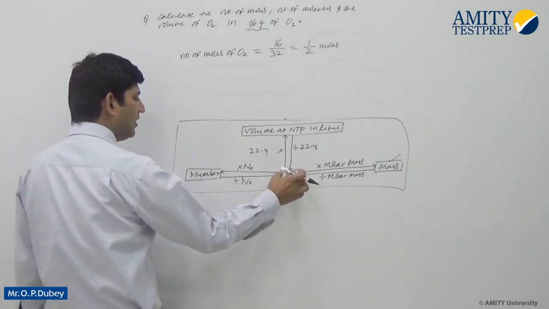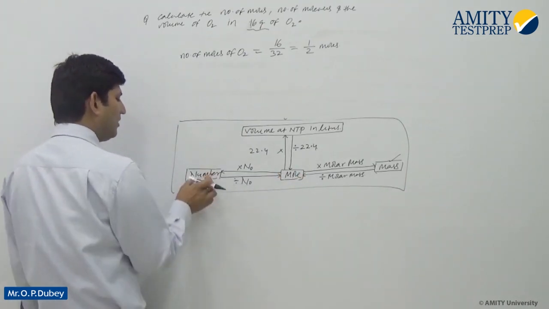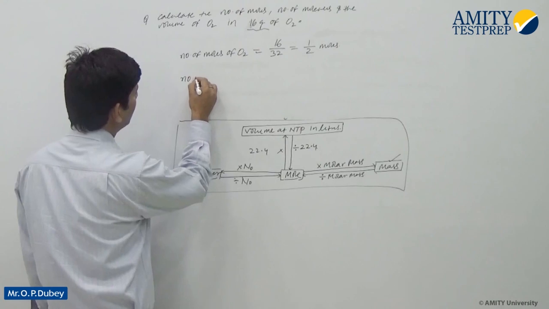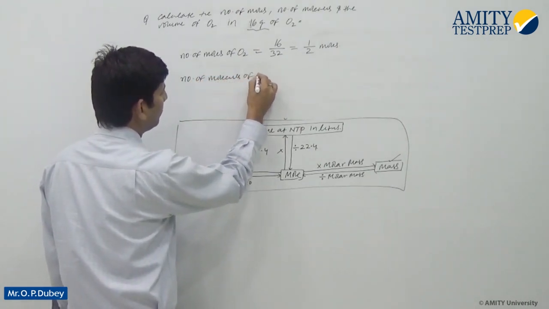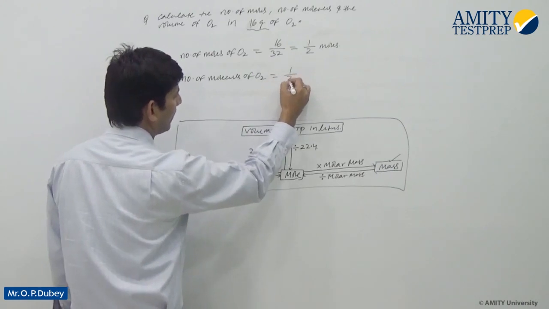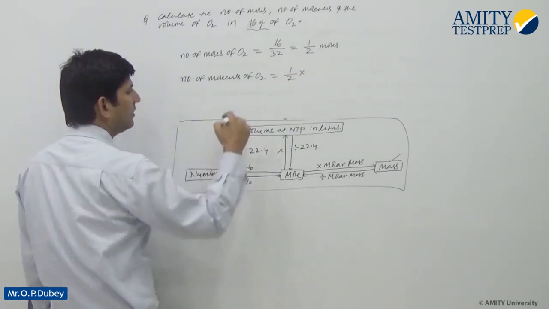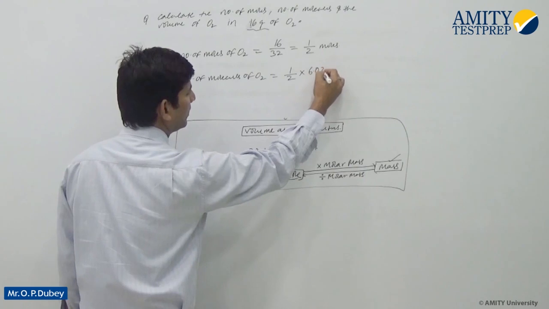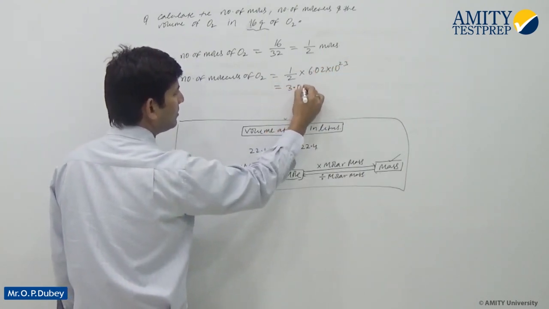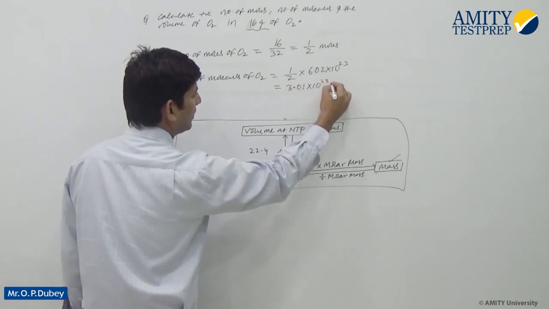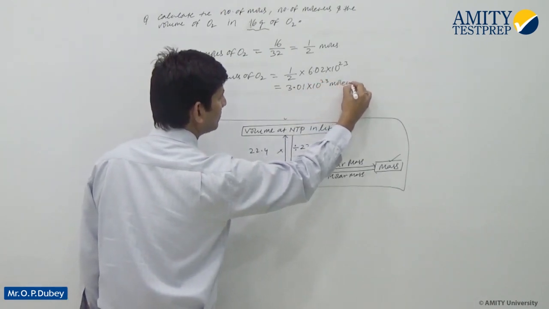And by calculating the number of moles of oxygen we can calculate the number of molecules of oxygen, which is 1 by 2 multiply the Avogadro number, that is 6.02 multiplied 10 power 23, which is 3.01 multiplied 10 power 23 molecules.